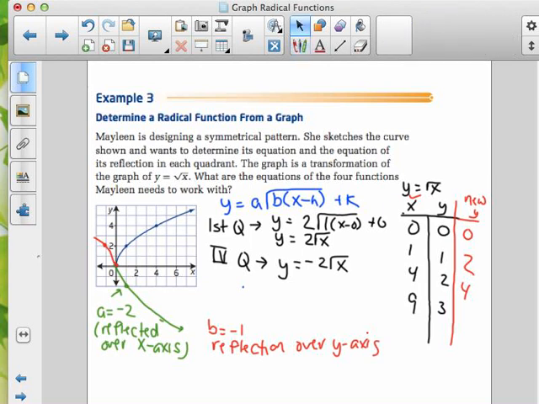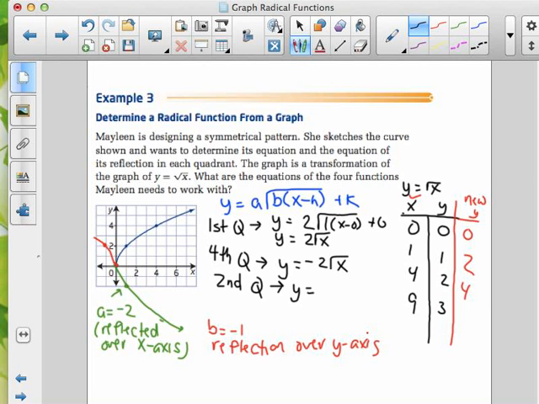So for the 2nd quadrant, I'll make them all the same: 4th, 2nd. So for the 2nd quadrant, we're going to have y equals, now our a is still 2, it's still stretched, but it's no longer negative because our y values are positive. So we have y equals 2 square roots of negative x. That will give us x values that are the opposite.